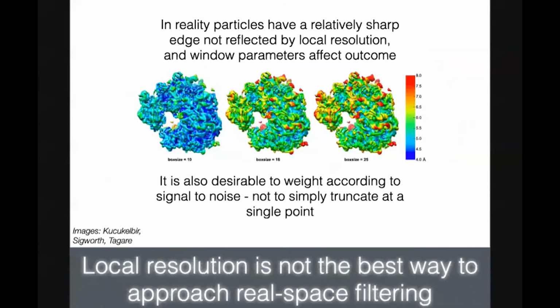There are problems with this approach: the window choice in terms of size affects the outcome. You can see that varying the box size here from say 10 to 25 significantly changes the predicted resolution.